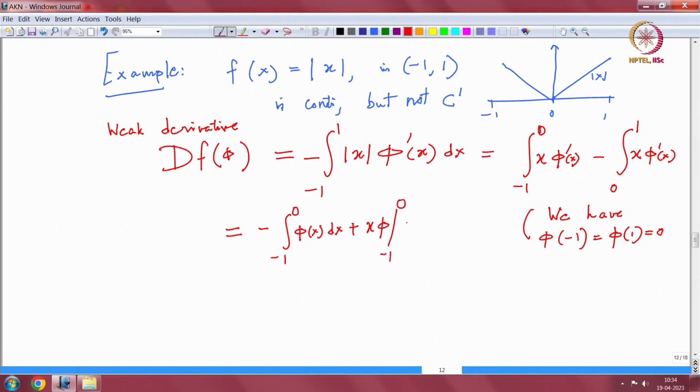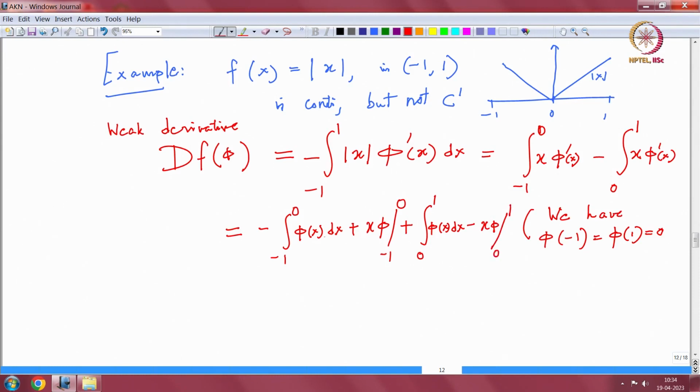And then you do an integration by parts there, you get plus the integral from 0 to 1 of phi of x dx, and plus minus x phi at 0 to 1.